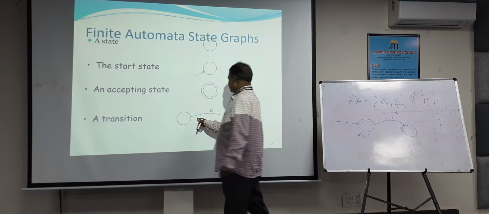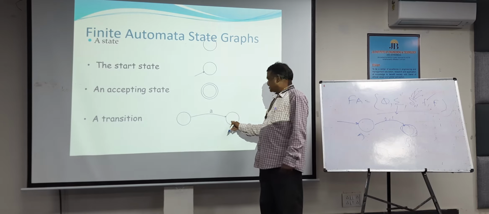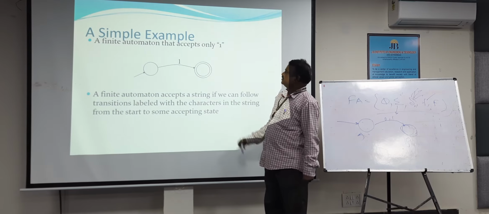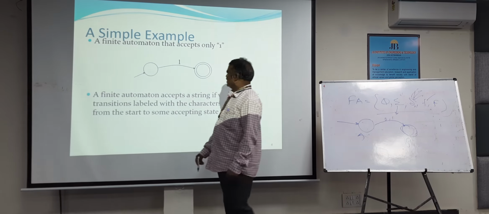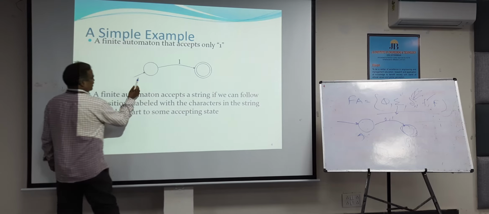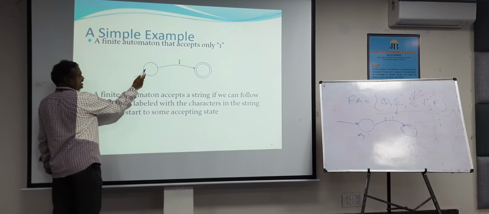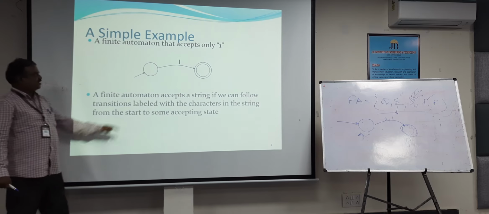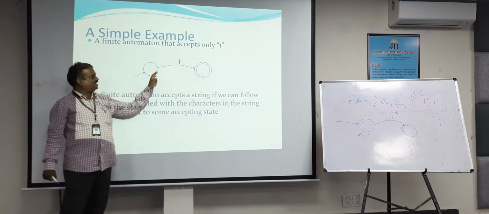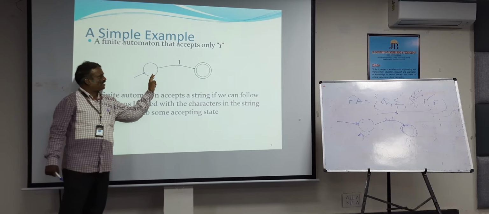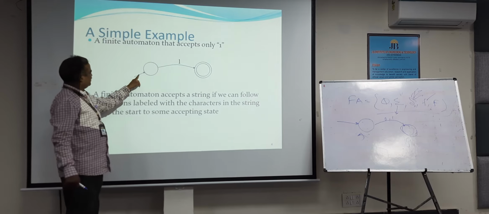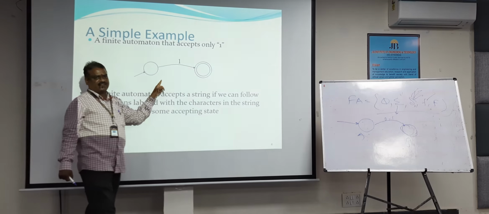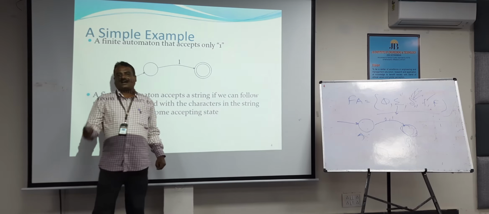This is a transition moving from this state to this state with an input A. A simple example of a finite automaton: here also there is a transition from the initial state to the final state, which is accepting the input 1. The initial state, as already discussed, is denoted with an arrow, and the final state with a double circle.